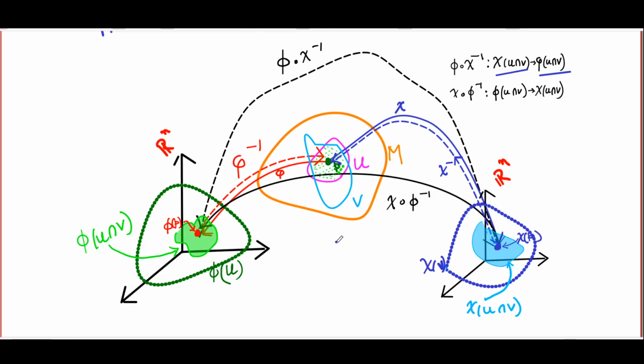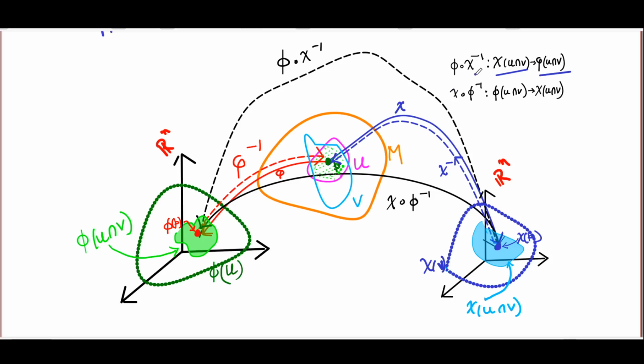What about the other transition function, chi composite phi inverse? Now let's focus on points in phi of U intersection V, and in particular on the point phi of P. Phi inverse acting first will take you back to the point P, and then chi, this solid blue line, will take you to chi of P.